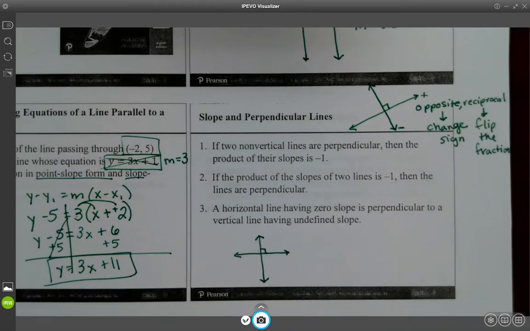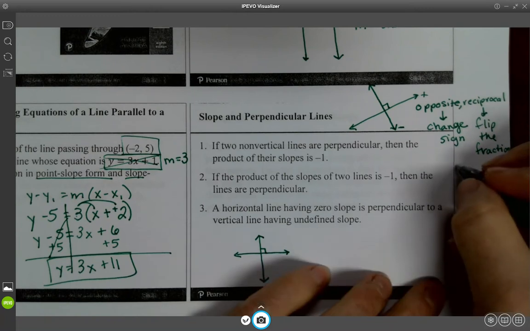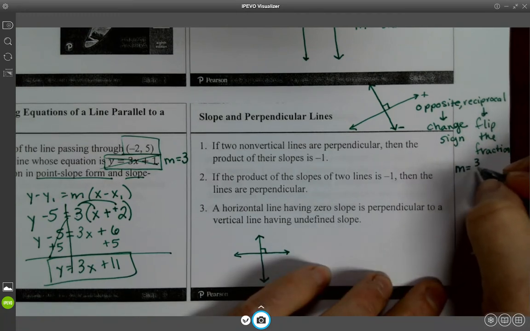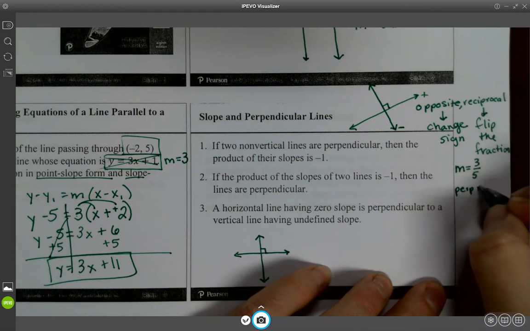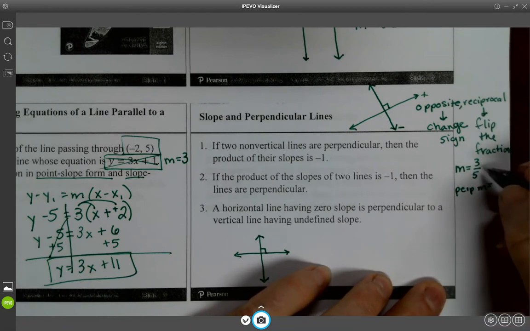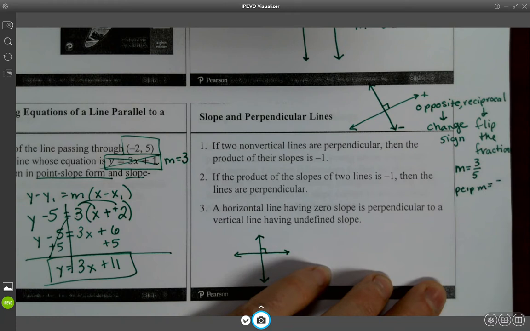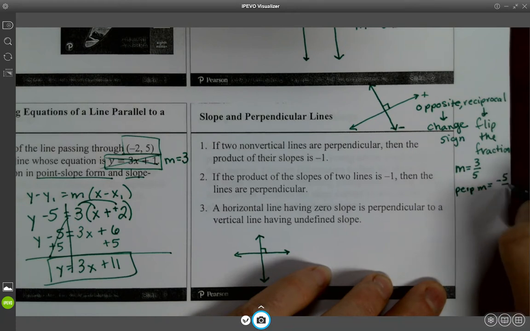So if I have a slope of 3/5, then a perpendicular slope would be, this is positive, so it'd be negative, and then flip the fraction, -5/3.